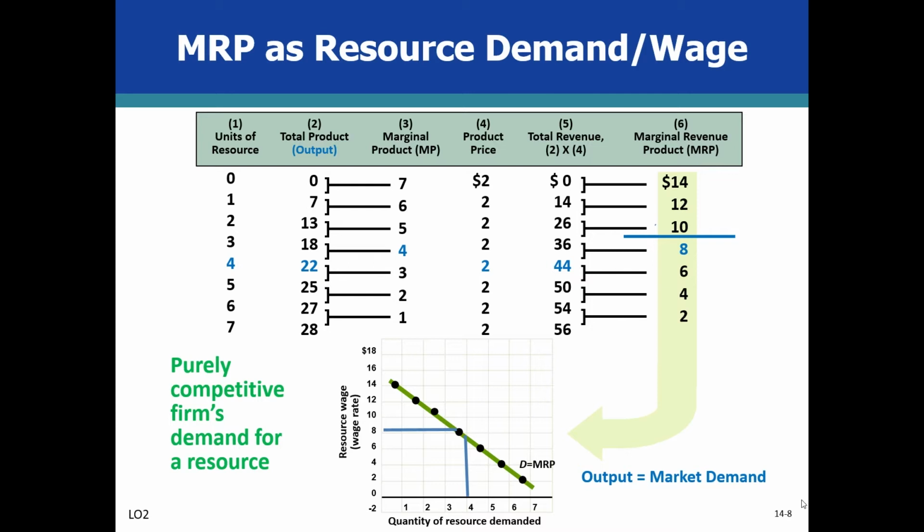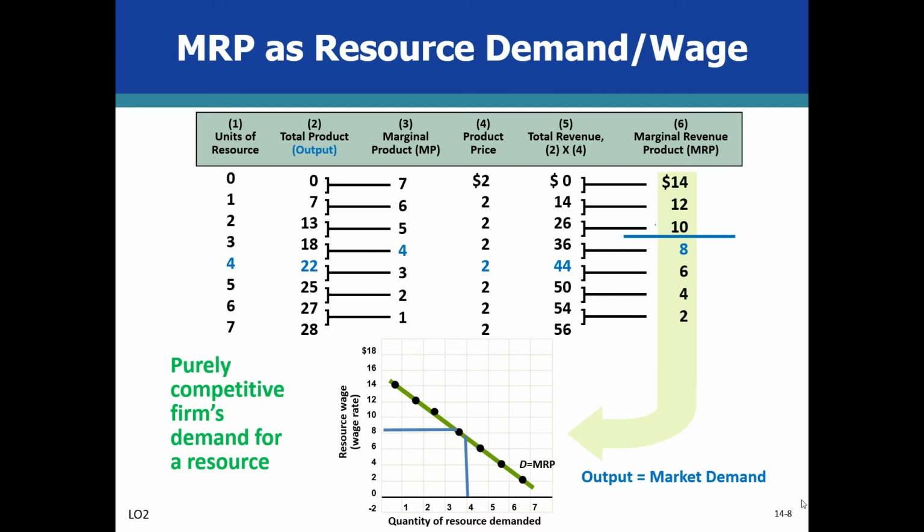Let's assume the market demand for the firm's product is 22 units. Column 1 represents the units of labor the firm can hire. Column 2 represents the output that can be produced with the firm's existing process, meaning the existing capital process.